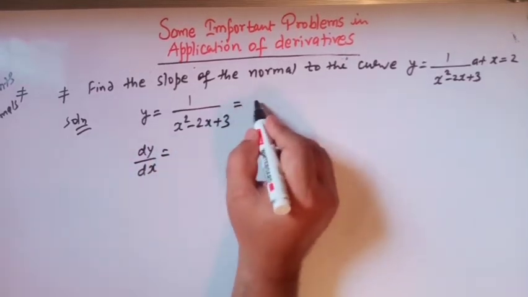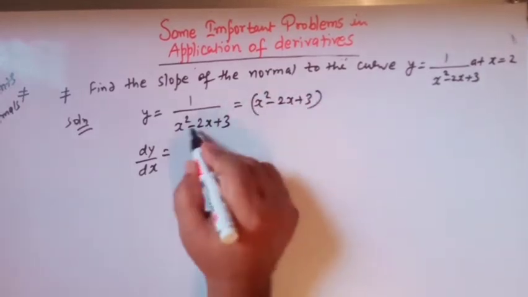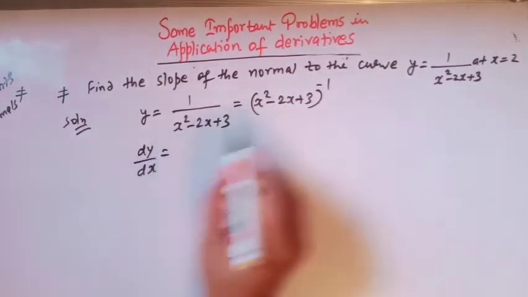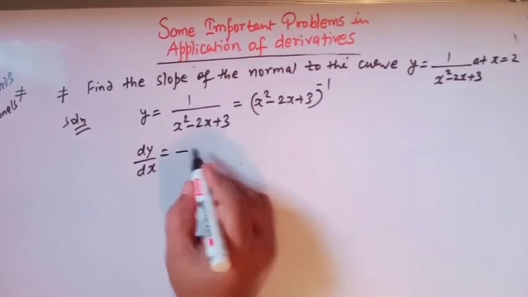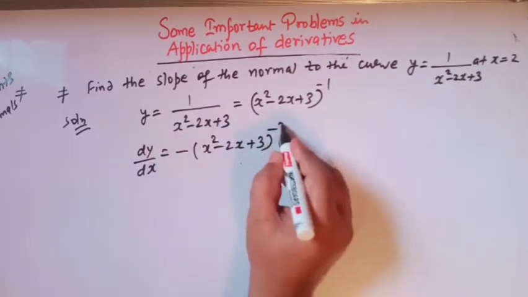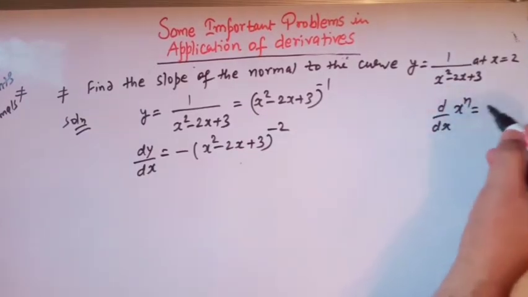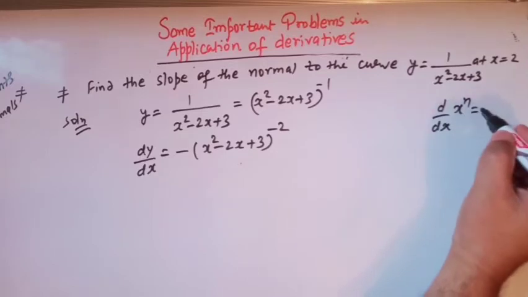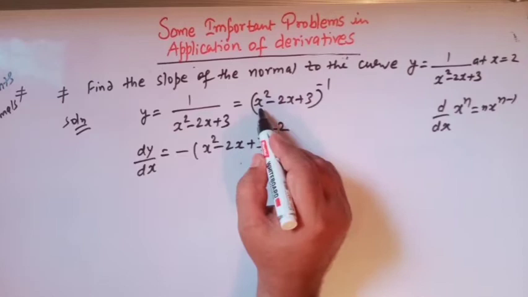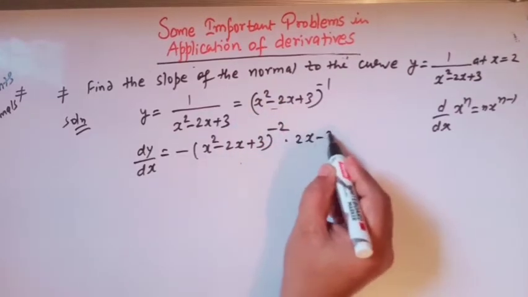So the derivative of this function is, we'll take this to the numerator, that is minus 1, and if we differentiate it, then we have minus, we have x square minus 2x plus 3 raised to minus 2. First of all, we'll apply the formula d by dx of x raised to n, that is n x raised to n minus 1, and then by chain rule we'll differentiate this function x square minus 2x plus 3, which is 2x minus 2.